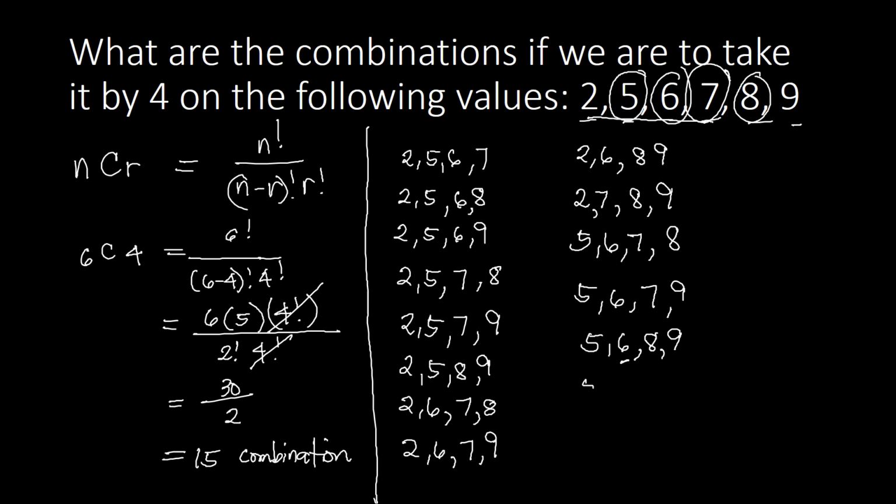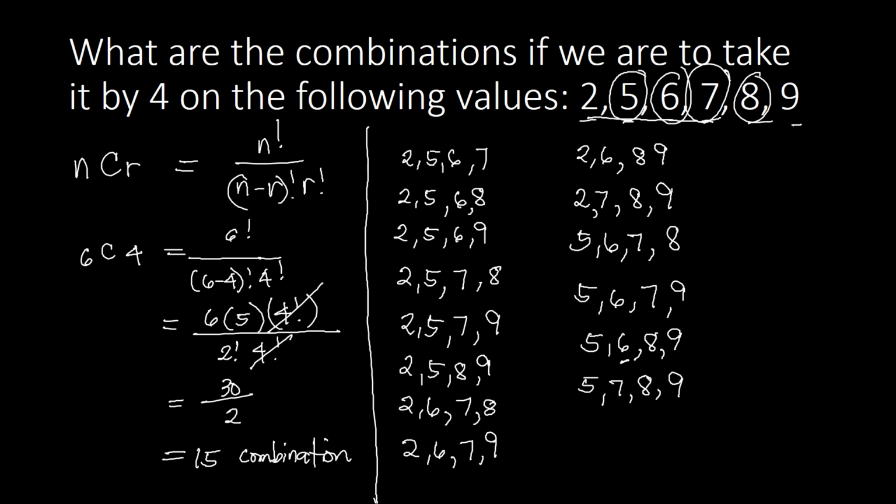So let's see. 5, 7, 8, 9. So we can come up with 4 numbers on that combination. That's okay. Now, this is 9, so we're now changing. If we try to change the 7 into 8, we only have 5, 8, and then 9. So that cannot be. We cannot form 4 numbers on that combination.